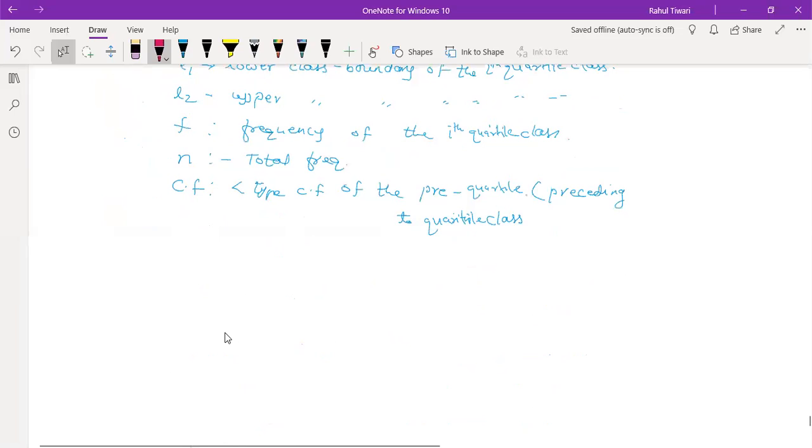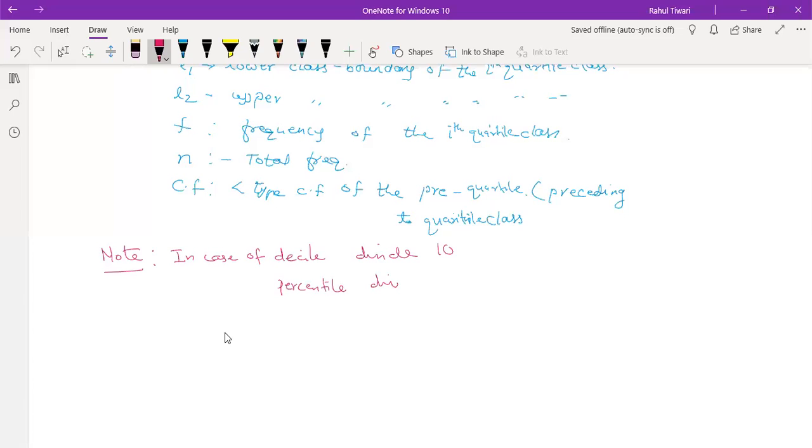So I will put out a note here. Yes, any query. The note is: in case of decile, divided by 10, and in case of percentile, divided by 100.